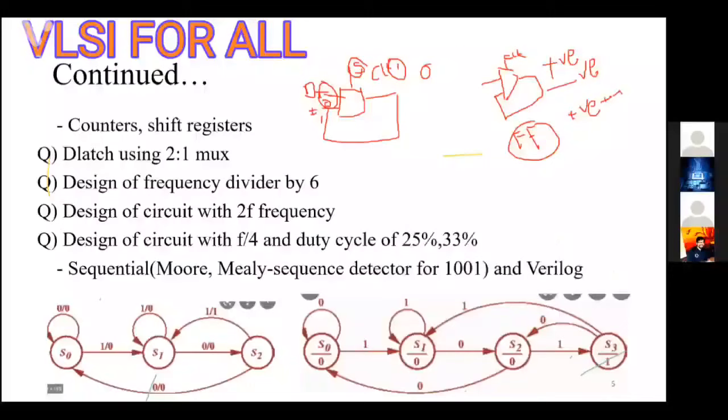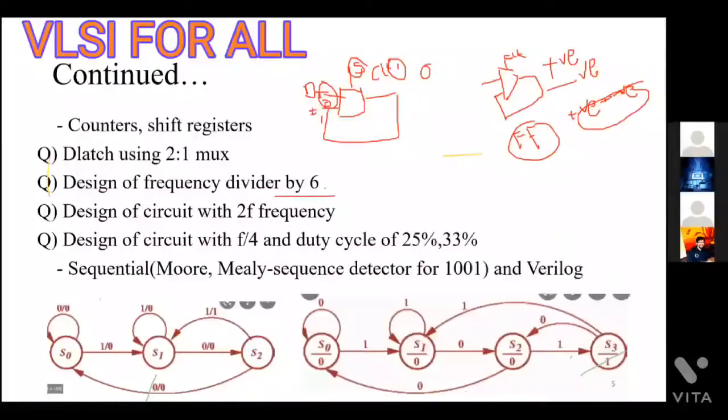See, this is positive and this is negative. You can verify this finally. If you are able to generate a positive latch and a negative latch, then the flip-flop is automatically generated just by combining them.